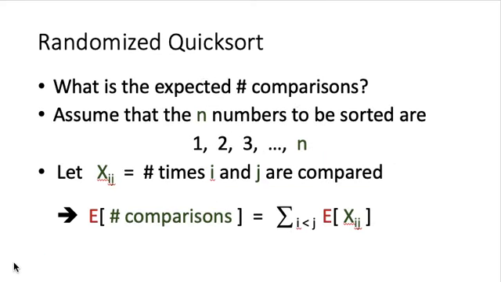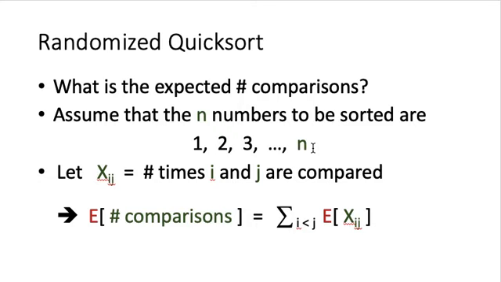Because quicksort has some randomization applied inside, since we are randomly selecting a certain number as the pivot in each step, we may wonder, what is the expected number of comparisons needed in this algorithm? Let's say there are n numbers to be sorted, and without loss of generality, we may just relabel the numbers as 1, 2, 3 up to n for simplicity.